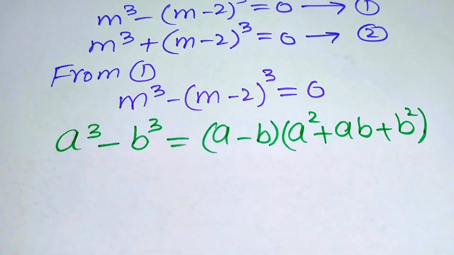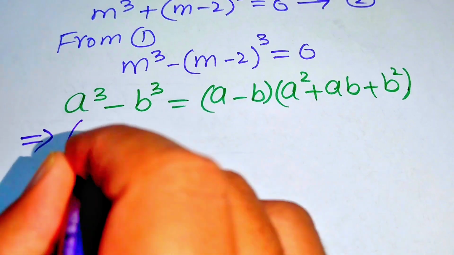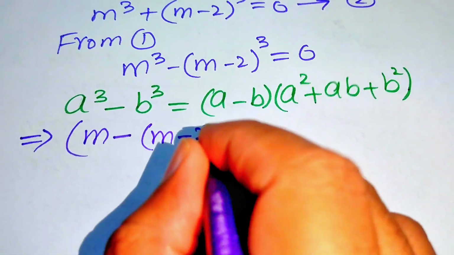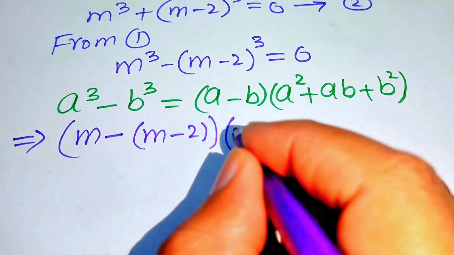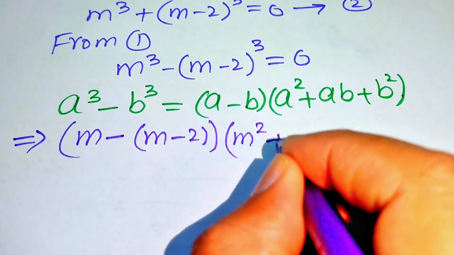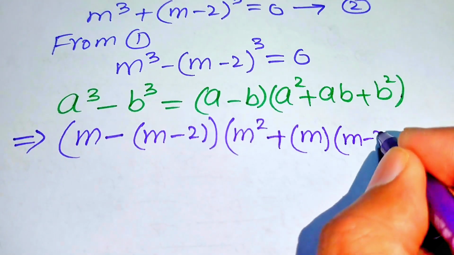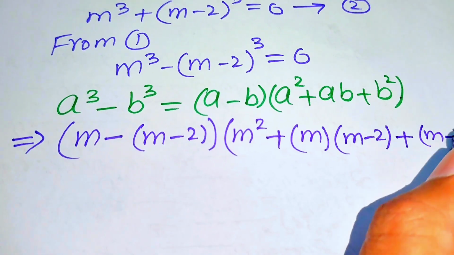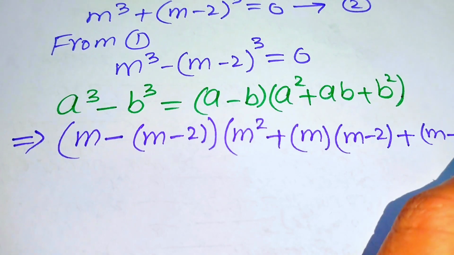So we use this formula on the above term, so that it becomes (m minus (m minus 2)) times (a squared plus ab plus b squared). Our a is m, so it will be written as m squared plus ab, where a is m and b is m minus 2, plus b squared, and our b is (m minus 2) squared, and this whole equation equals 0.